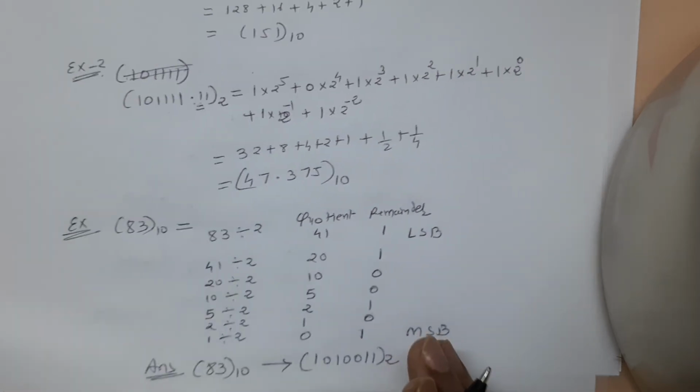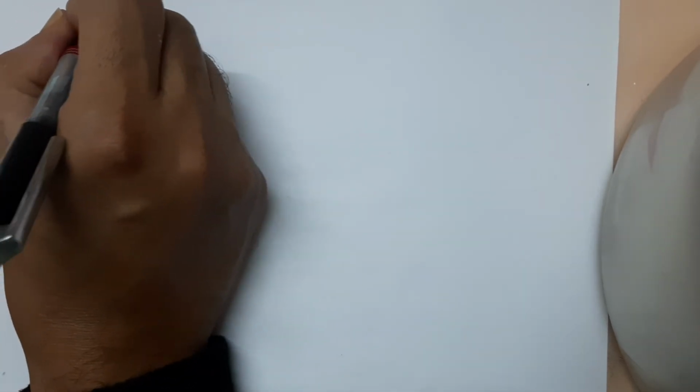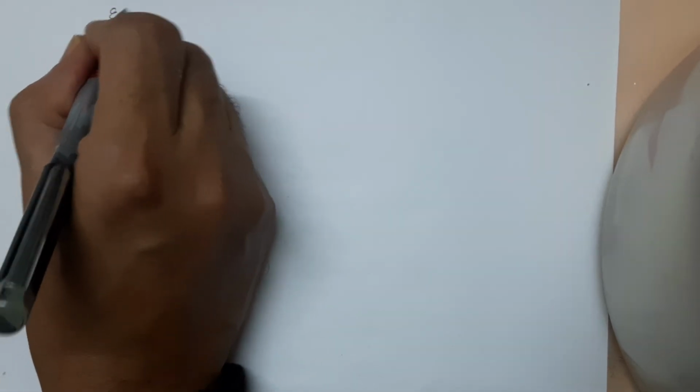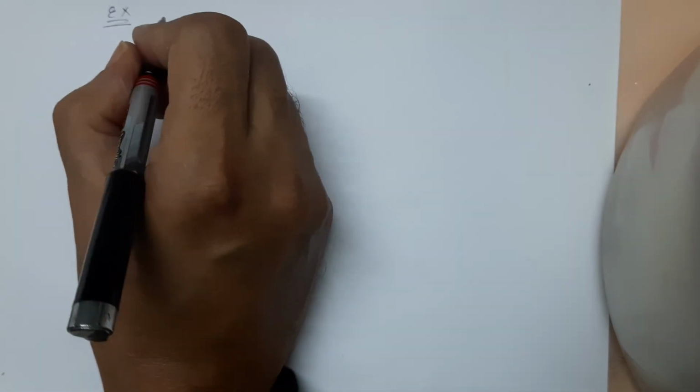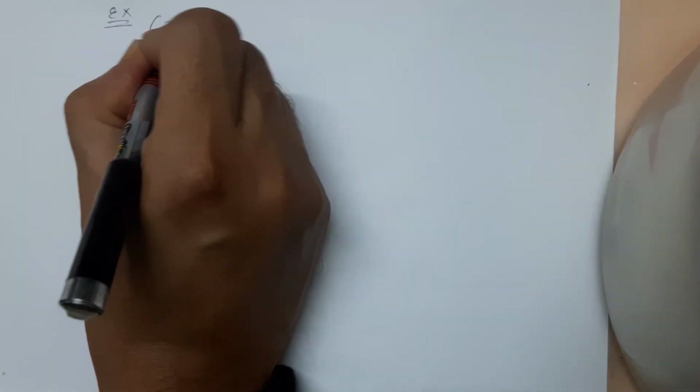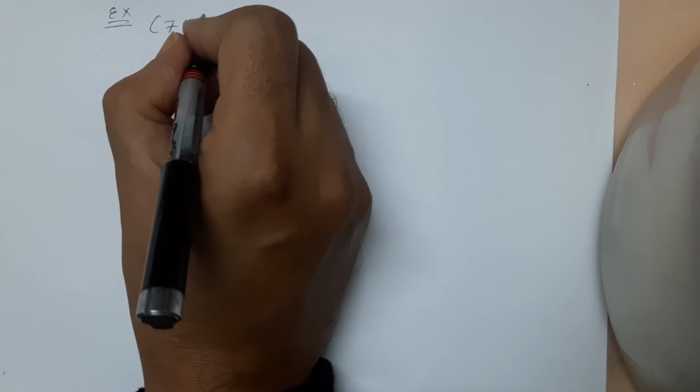Now same way we take the example of how to convert decimal into binary. Here we will take integer and fractional both in the same way. The example is 79.515.